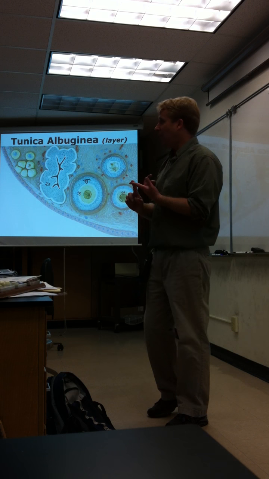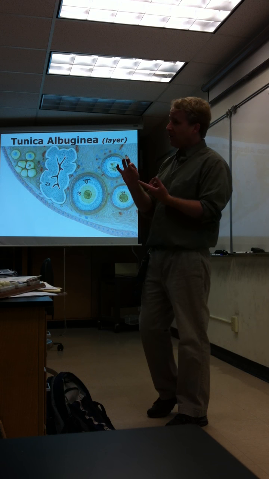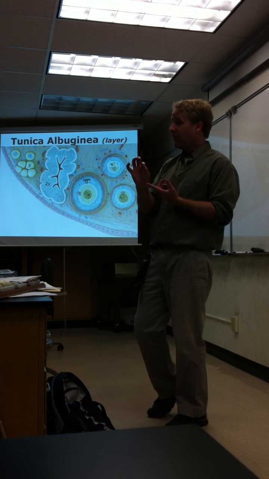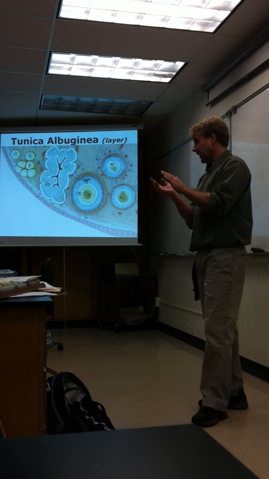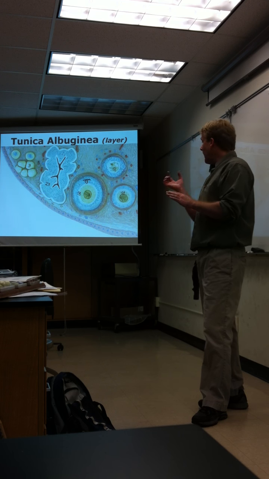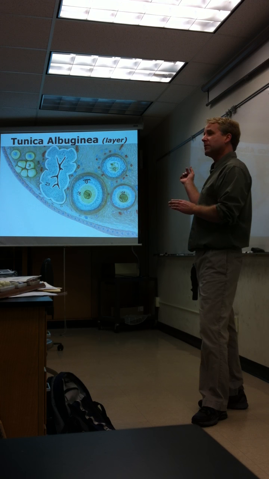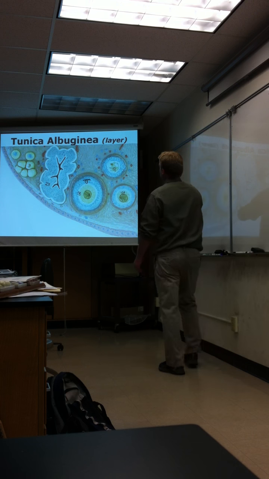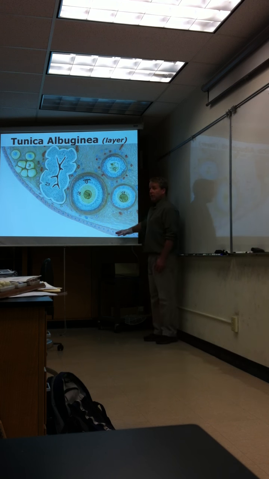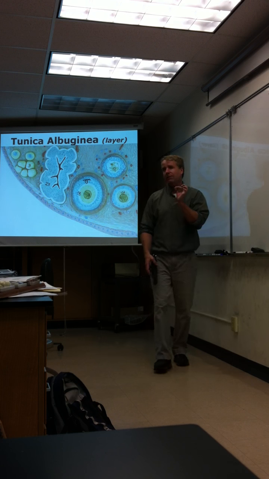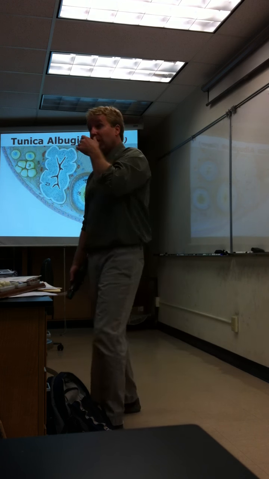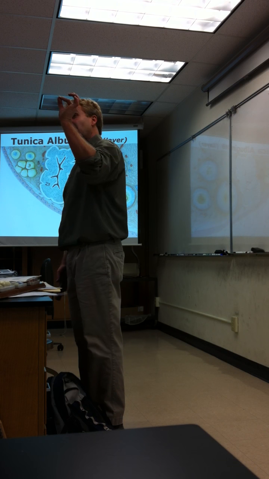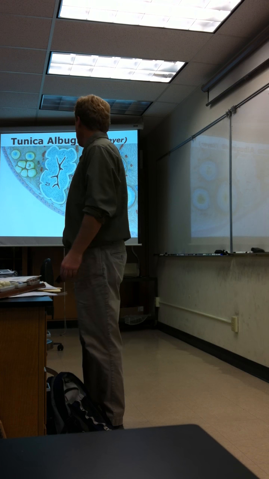It's just like the tunica albuginea of the testis, the outer dense irregular connective tissue. What gives the ovary structural support is this tunica albuginea just deep to the germinal epithelium. This white layer is the tunica albuginea, the same name and same function as in the male. I put that up on the board: tunica albuginea is dense irregular connective tissue giving structural support.